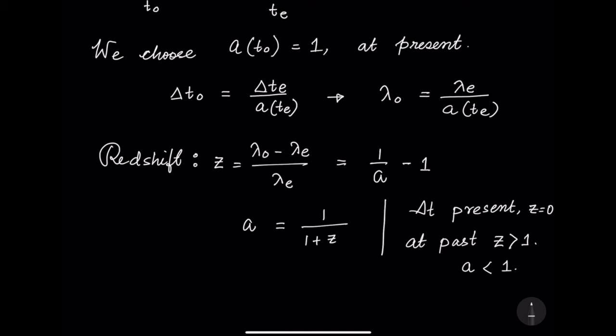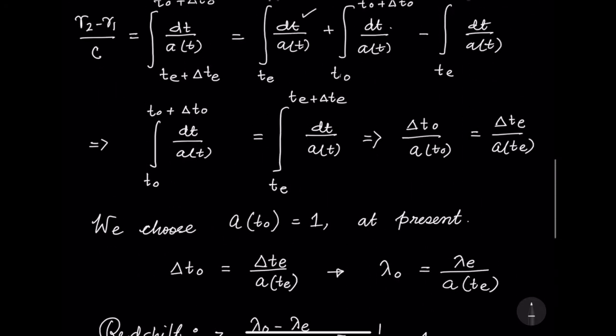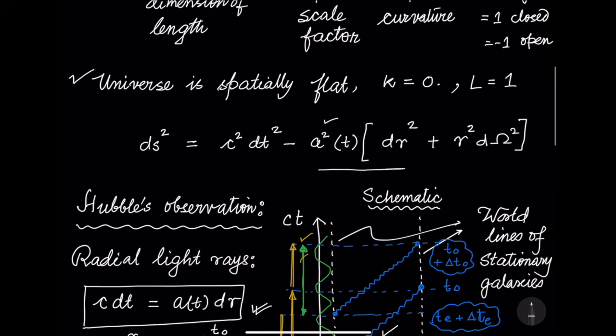And that is what you mean by the expanding universe, because as time progresses, in the past A was smaller, at present it is more, which means with time the measured size of the universe increases.